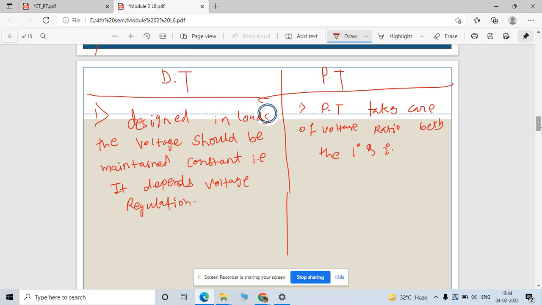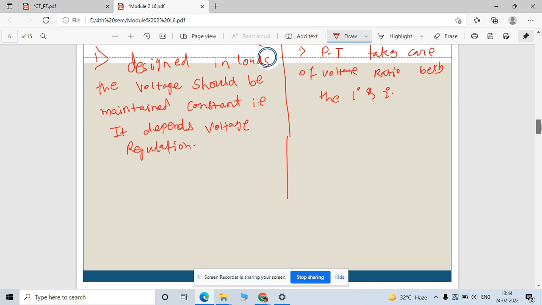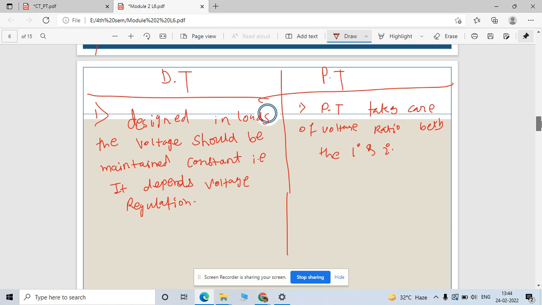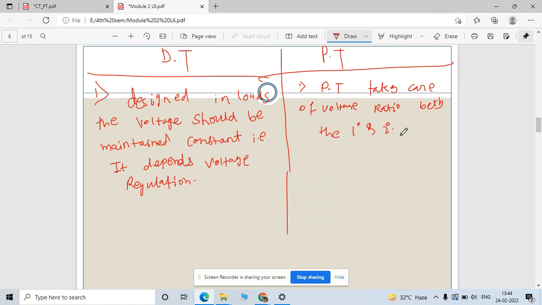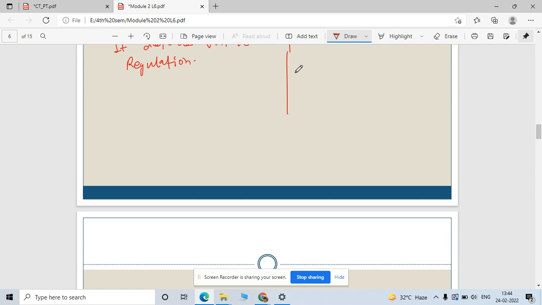Depending on that, you can calibrate your reading, right? This PT maintains the ratio. It means if one parameter is going up or down, the other parameter will be affected. So accordingly, you can check what the actual voltages are in your system, and that signal will be sent to the relay side.